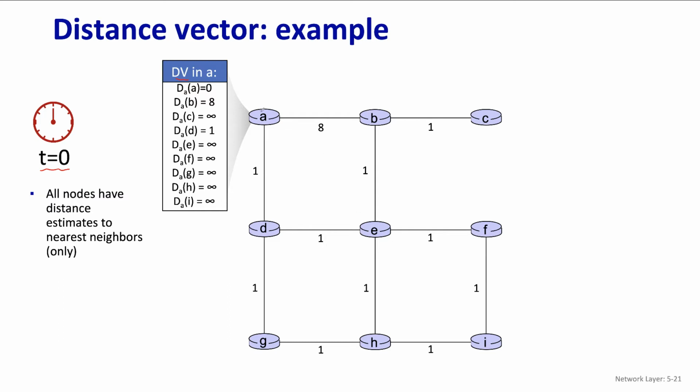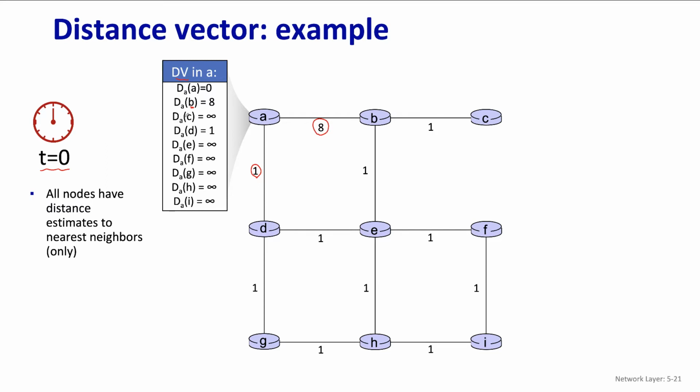The way it's calculated is you mark the cost of each edge, in this case the direct edge between this router and its neighbor. From A to itself, it's going to cost you 0, so there's nothing there. To move from A to B, it's going to cost you 8.